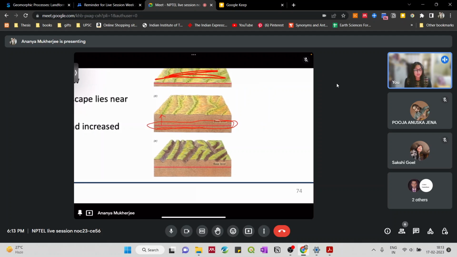Maybe there was a sudden input of, say, water, or an earthquake took place and that entire area got displaced. So these changes are also affecting the way the landforms are created, the landscapes are developing.